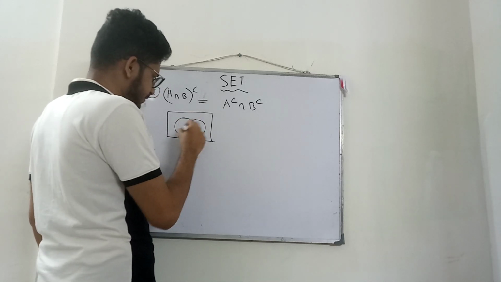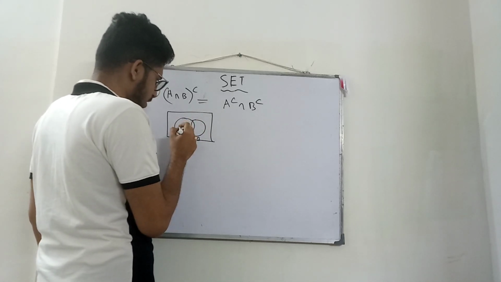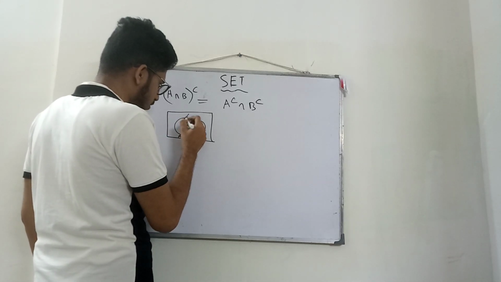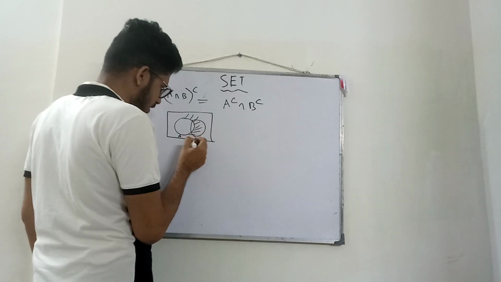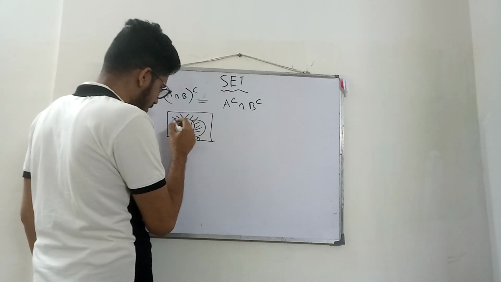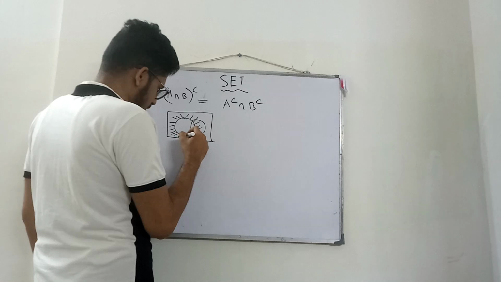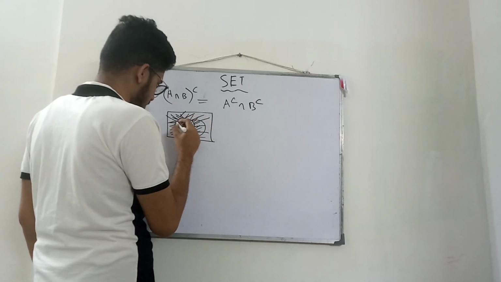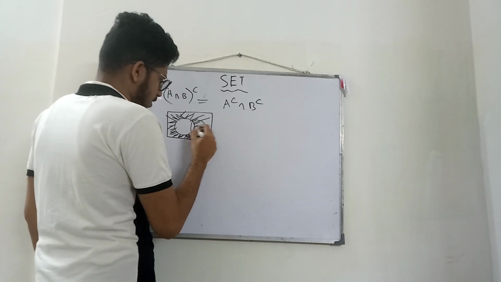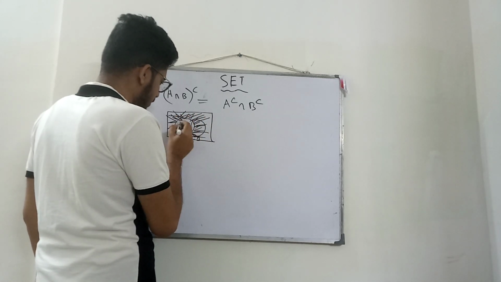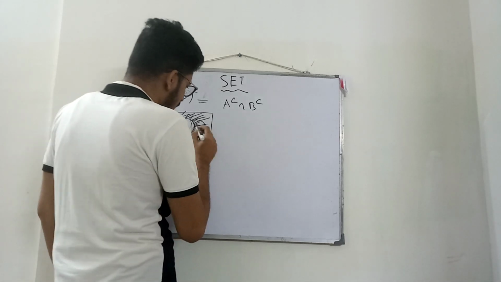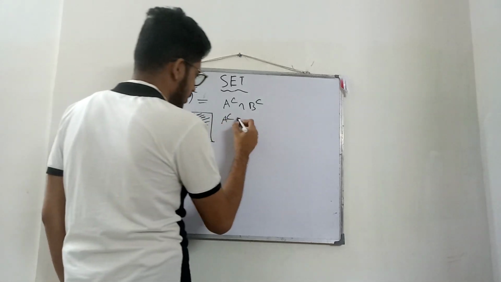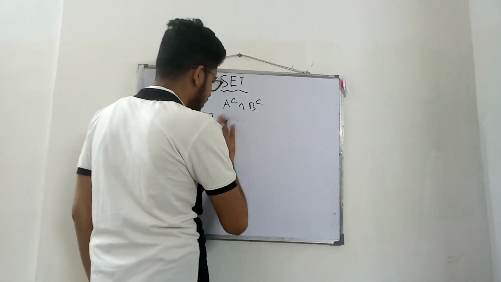Suppose it is A. This part, the outside area of the whole A, is called A complement. So A complement means what?